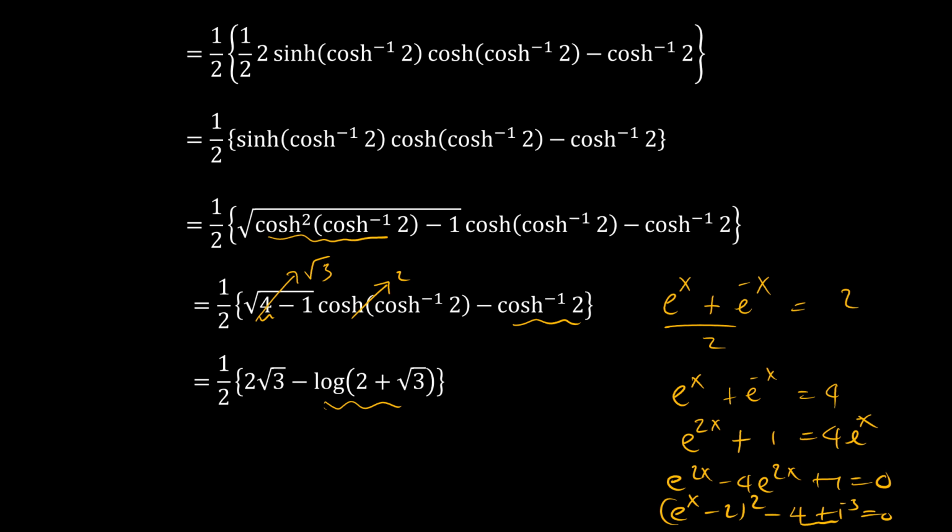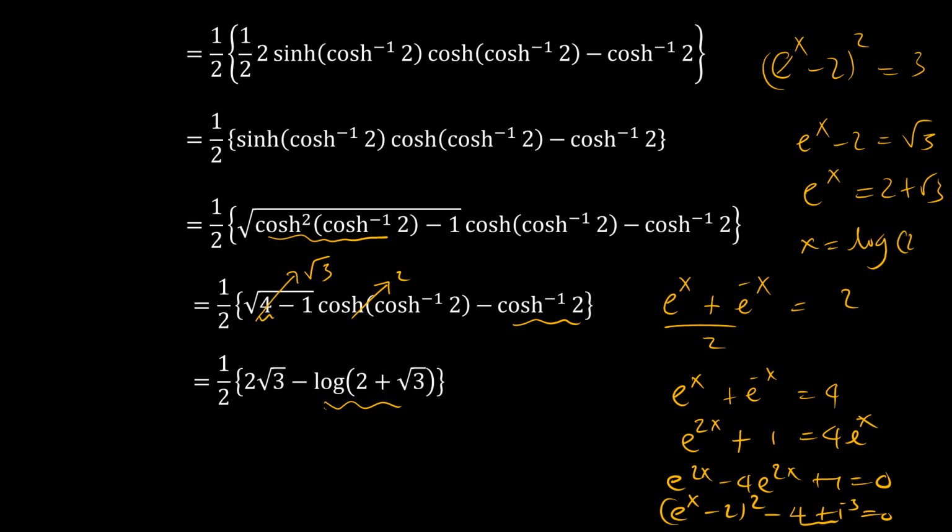So (e to the x minus 2) squared equals 3, and e to the x minus 2 equals root 3. We take the positive side because e to the x is always positive, so e to the x equals 2 plus root 3, and x equals the log of 2 plus root 3.